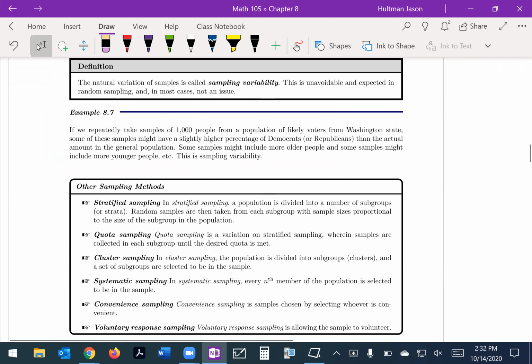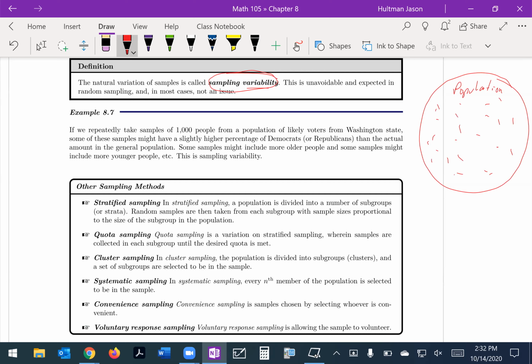Okay, the natural variation of samples is called sampling variability. This is unavoidable and expected in random sampling, and in most cases not an issue. So again, this is the population, and I have a bunch of people in my population, and I do a random sample, randomly sampling people over here, and randomly sampling people over here, and I get 2 different random samples.